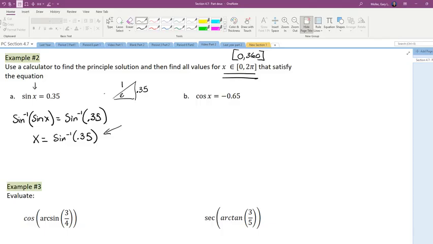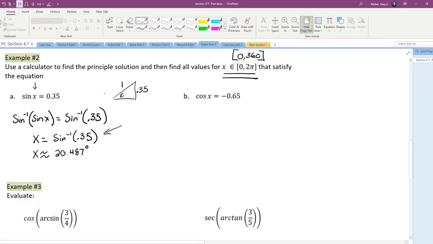Okay, so now I'm going to find the inverse sine of 0.35. So I'm just going to do second function sine, 0.35, which basically says, hey, look up the angle that has this sine. And I get an x that is approximately equal to 20.487 degrees.